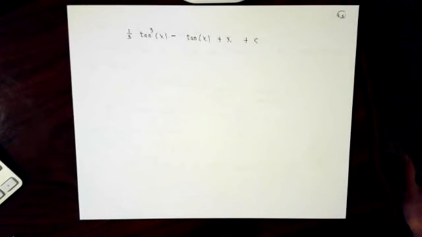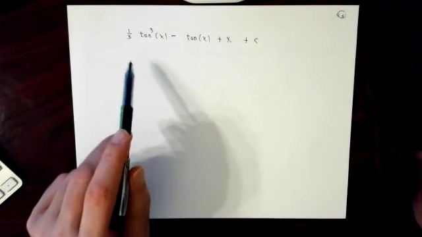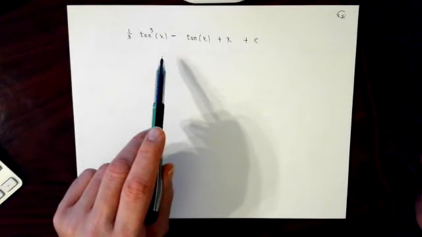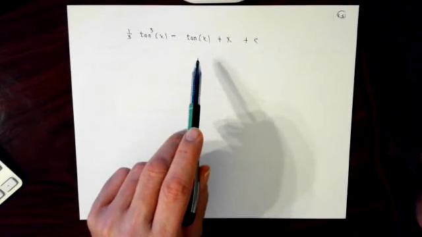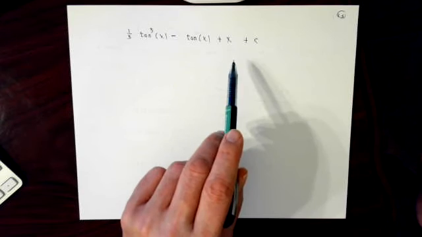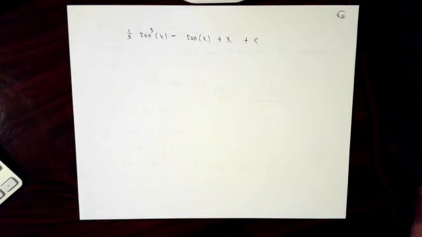I'll leave the details of the u substitution on that first one for the interested listener because, as I said, it's easy. Your answer ends up being 1/3 tangent cubed x minus tangent x plus a constant.